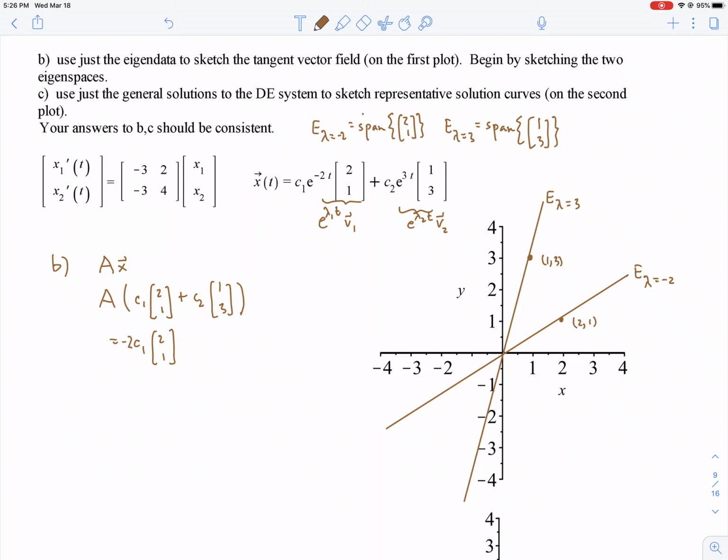A of (1, 3) is 3 times (1, 3), so I get 3 C2 times (1, 3).